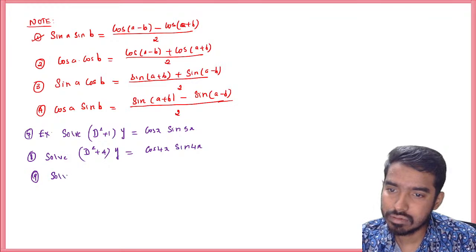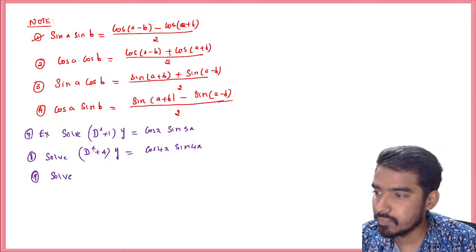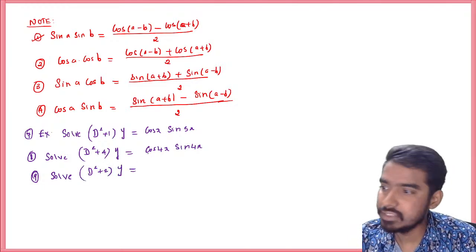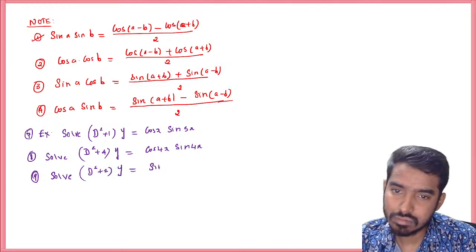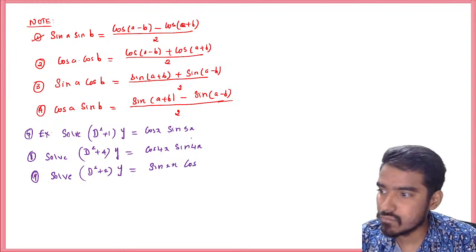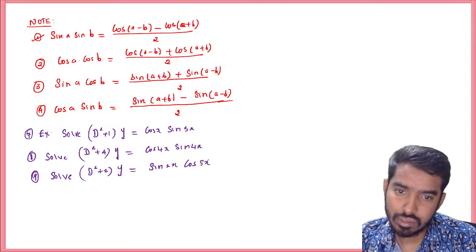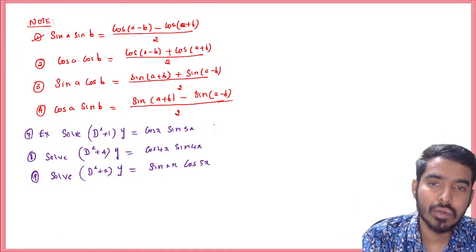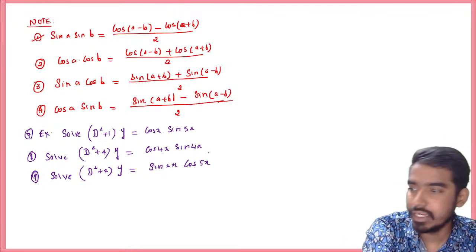Ninth is solve D square plus 2 of y is equal to sin 2x cos 4x. Right, so for all three problems, you just make use of these formulas to convert to type 2, so that we will have pi1, pi2, make use of this, right? Okay.